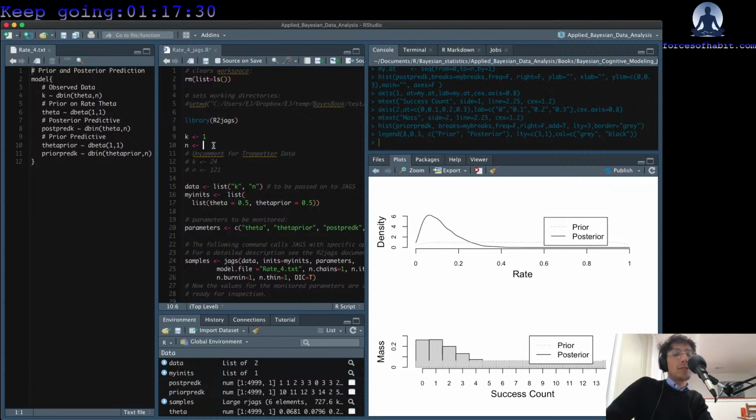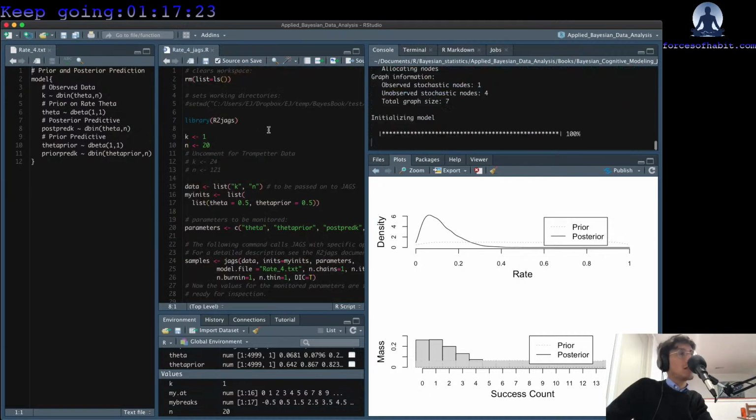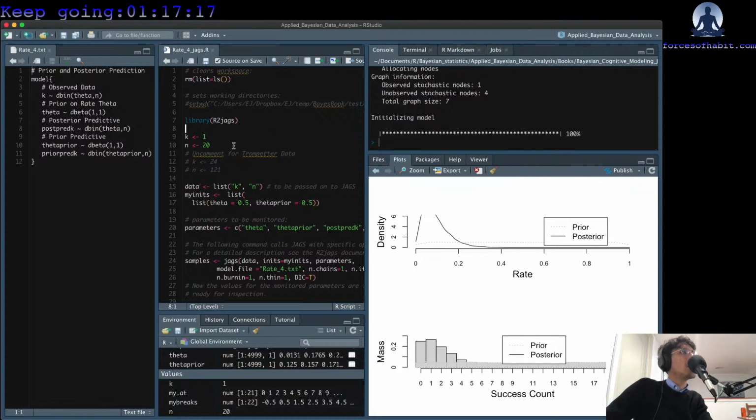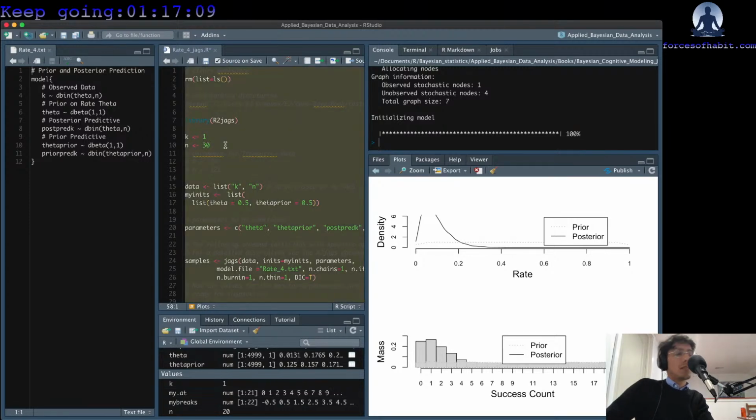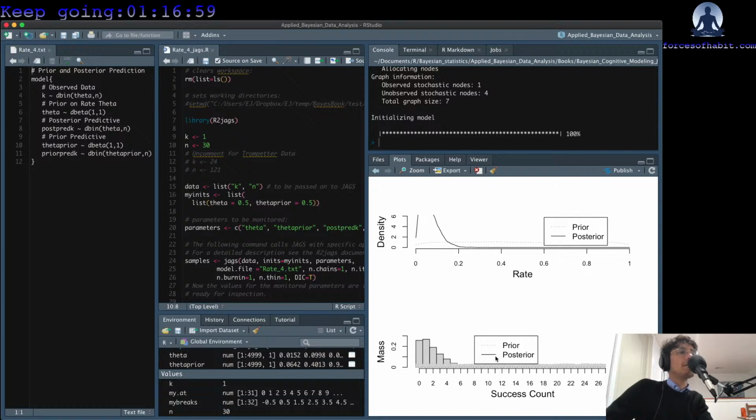And the best way to check this would just be, if I change that to 20, or if I change that to 30, you see, the prior still is saying we have equal probability across all possible outcomes.